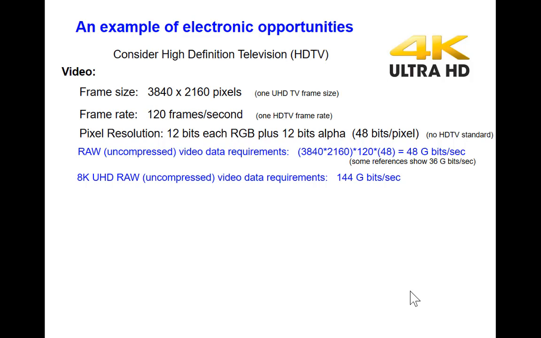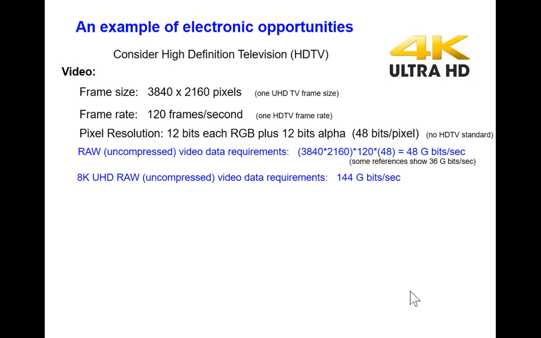I'd like to give an example of an application that you guys probably have some familiarity with, to get some appreciation for some of the challenges that might exist. How many people have UHD televisions? 4K is another name for it. You're the only one? Oh, come on, there's gotta be more. Pretty nice, aren't they?